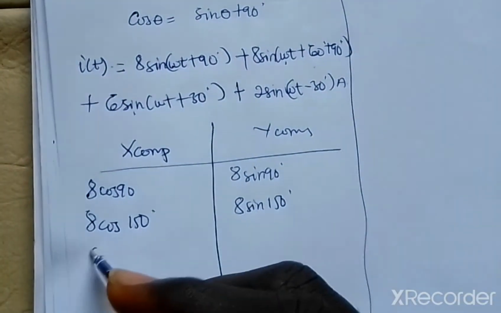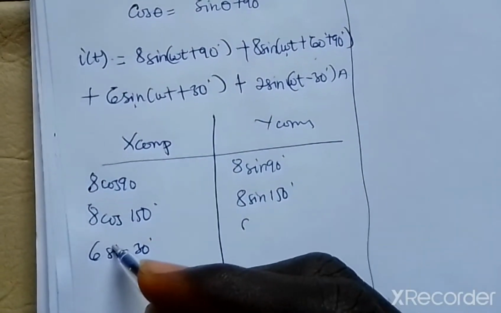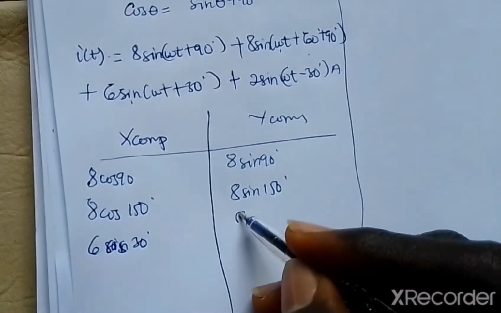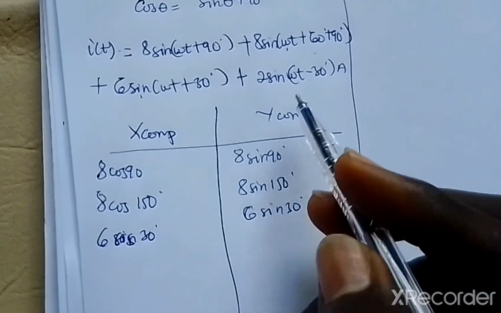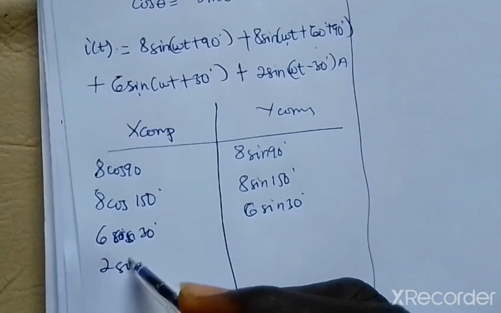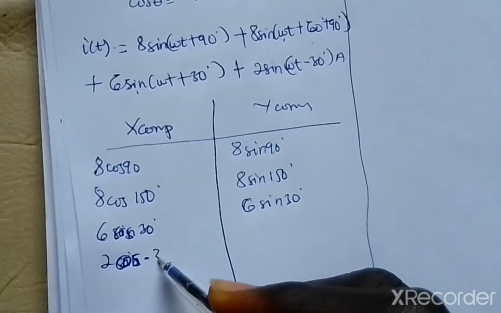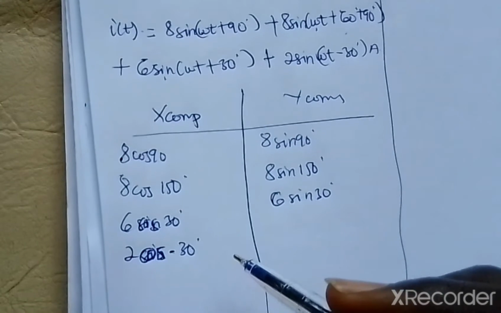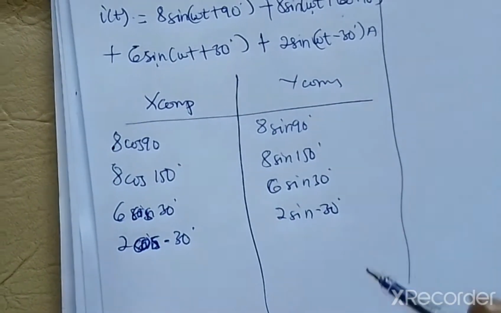The third is 6 cos 30° and 6 sin 30°. The final one is 2 cos(−30°) for the x part, then 2 sin(−30°) for the y part.